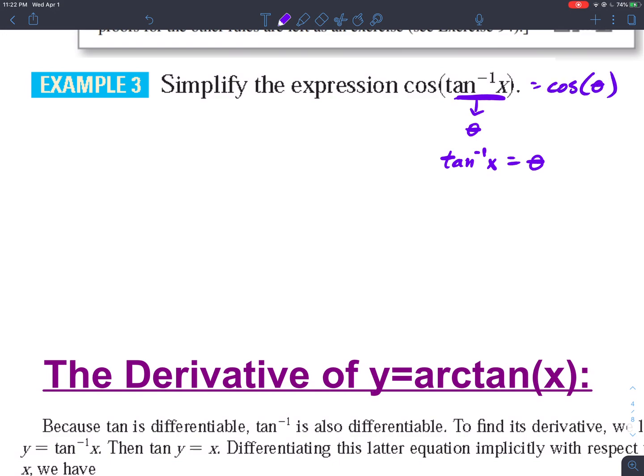If inverse tangent of x equals some theta, some angle that has been plugged into cosine, then that means tangent of theta equals x.